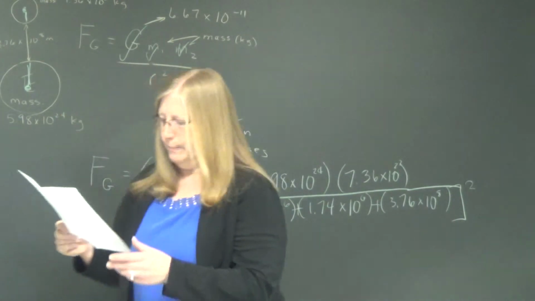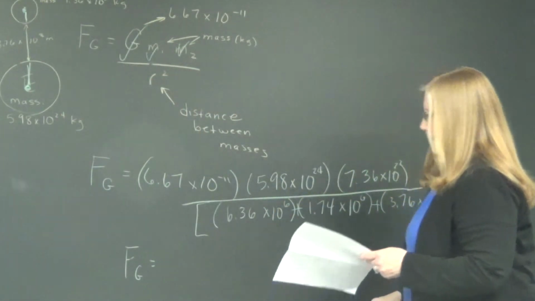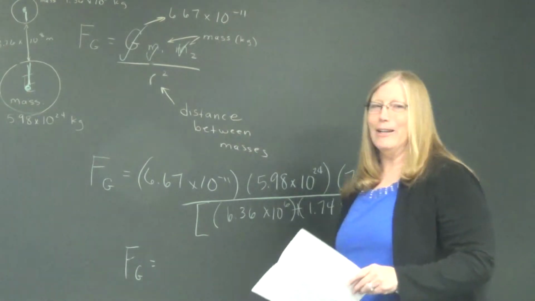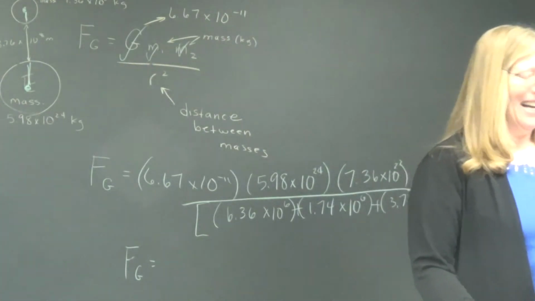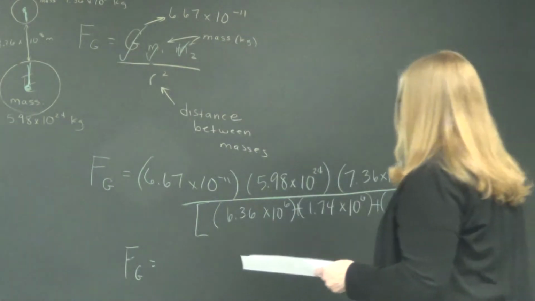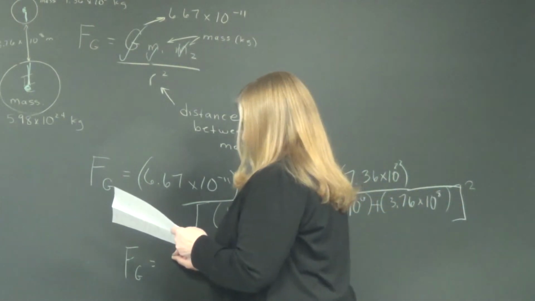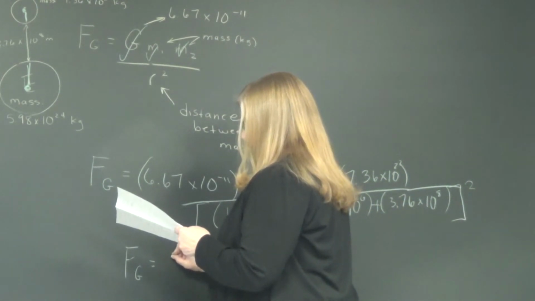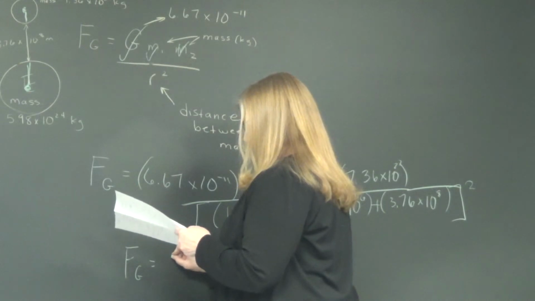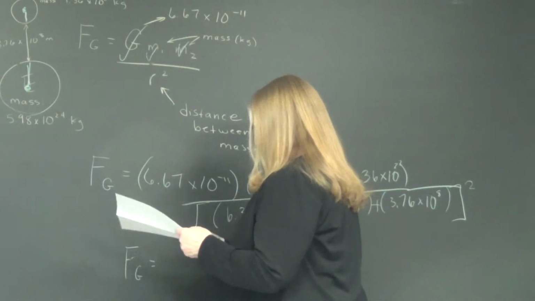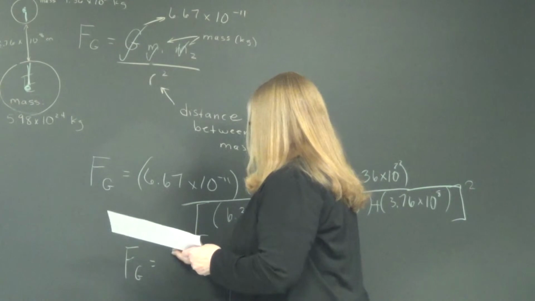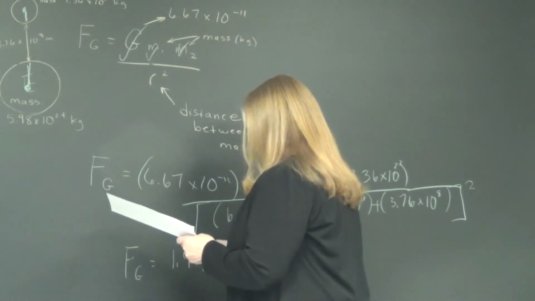I just realized I didn't square the bottom. Zach, what did you get? It's the one with the Earth and the Moon. It's like 1.99 times 10 is 20.